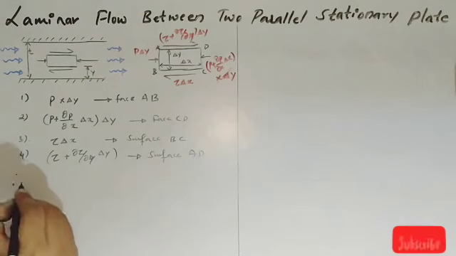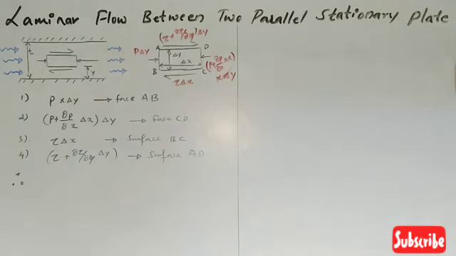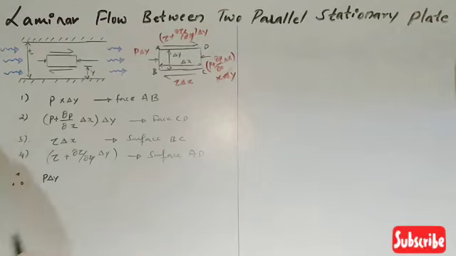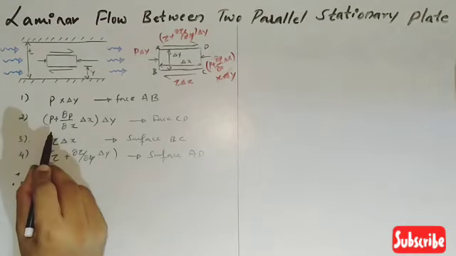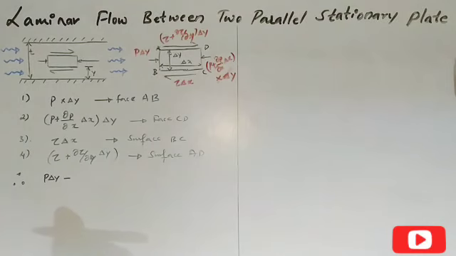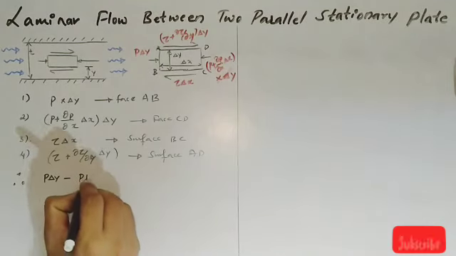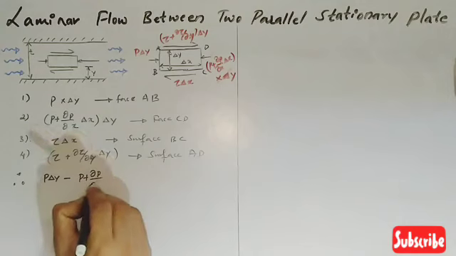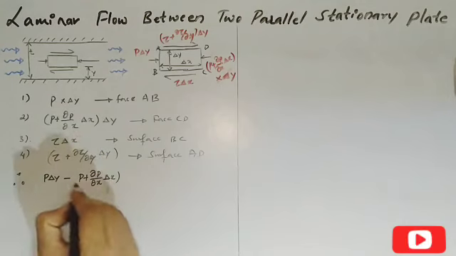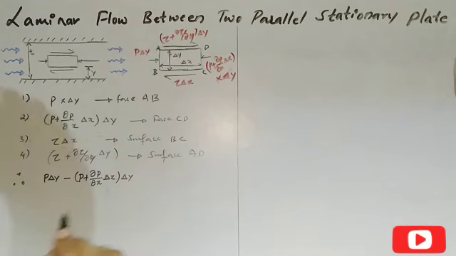Therefore, as there is no acceleration, the net force on this fluid element will be equal to 0. That is P into delta y, minus, I will consider this force as negative because it is acting in the opposite direction to the direction of flow, P plus dou P divided by dou x into delta x into delta y.